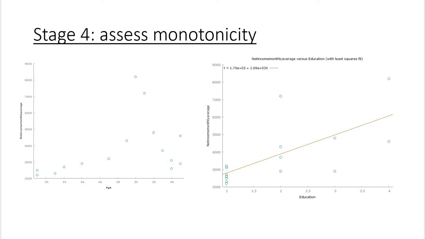So maybe there is some relationship, it's just nonlinear, but from my perspective, it's too messy. So you see, when you go from this point to this point, age increases, income decreases. So perhaps this relationship is non-monotonic, as we discussed before. And yeah, again, for a good reason.